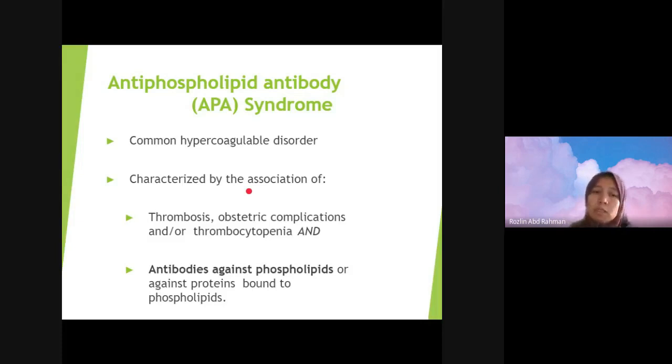Right, they increase the affected person's risk of developing recurrent inappropriate blood clots in the arteries and veins. So what will happen? They are at risk of stroke and myocardial infarction. If pregnant, they can get recurrent miscarriage.